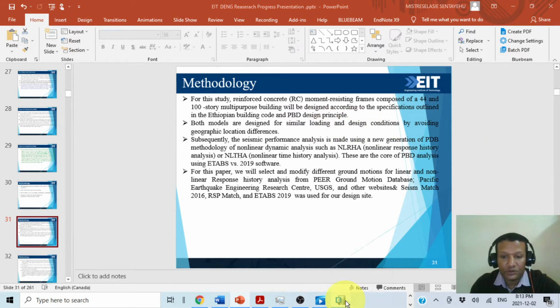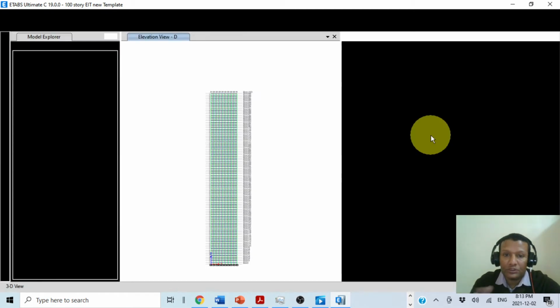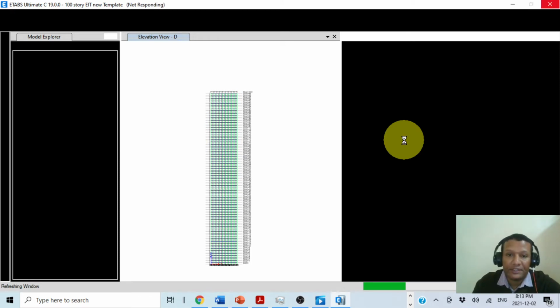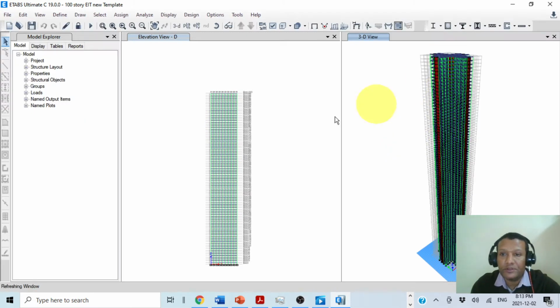So as I showed you here, we have two models, original models, linear and non-linear, and we are going to perform our work on these two 44 and 100 story buildings. All the loadings, the reactions, the forces, everything we will see in a moment. But in this video I am going to concentrate only on the classical modal analysis part.